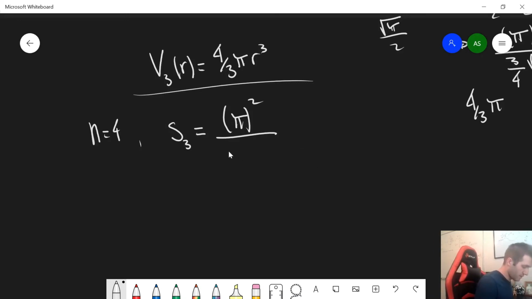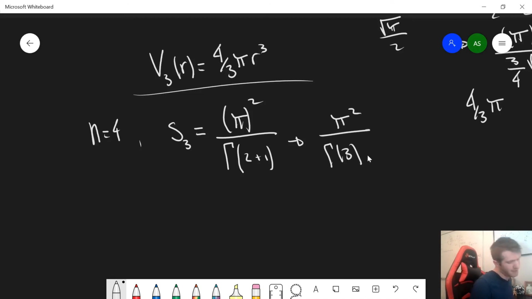So pi squared, and what we have here is gamma of 4 over 2 plus 1, which is 2 plus 1, which is just gamma of 3. So we're going to have pi squared over gamma of 3, and therefore this is also equal to 3 minus 1 factorial.